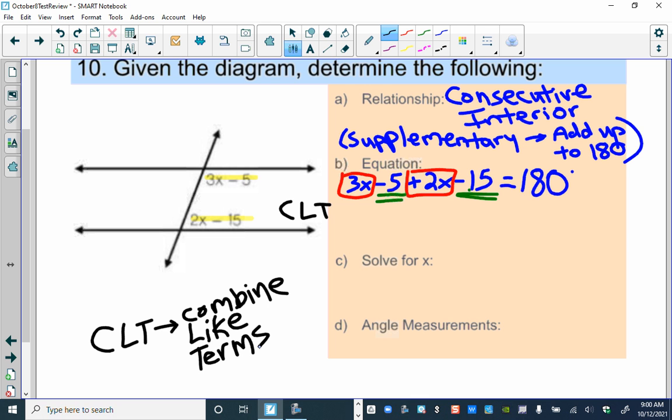Then we have an x as a marker. 3 markers, and 2 more markers. How many markers do we have altogether? 5. That's all we're doing here.